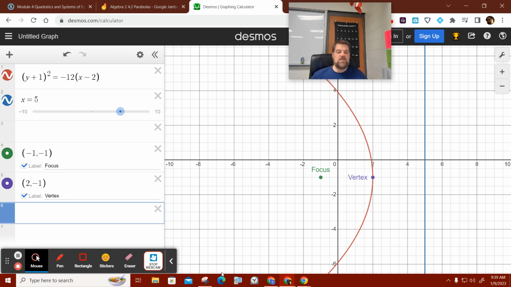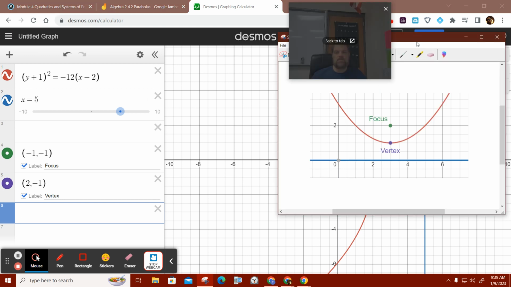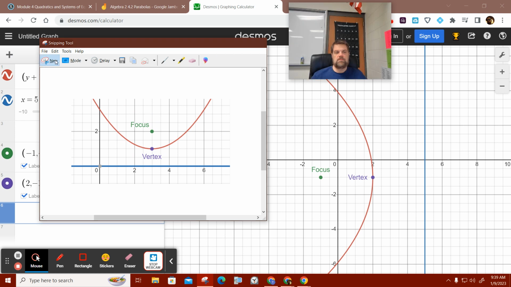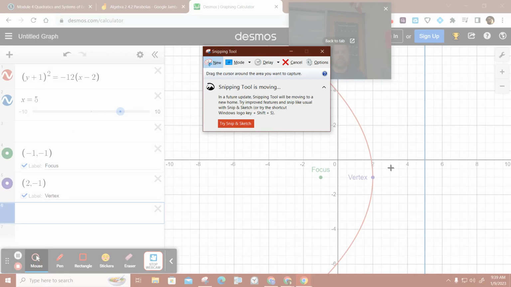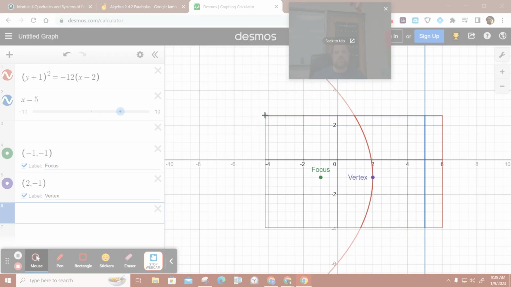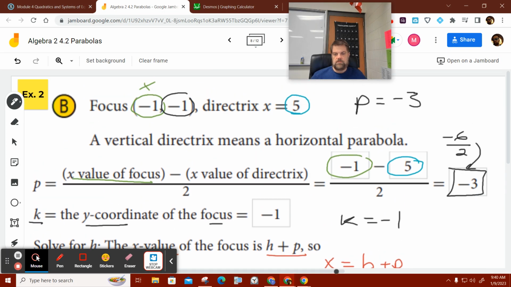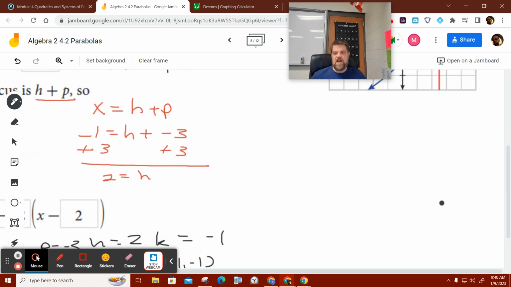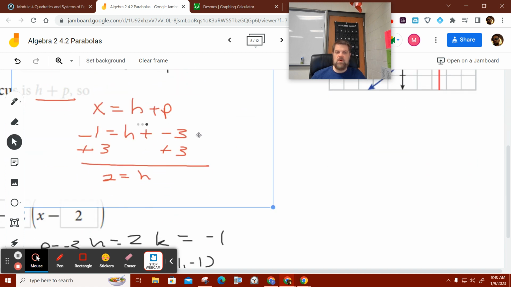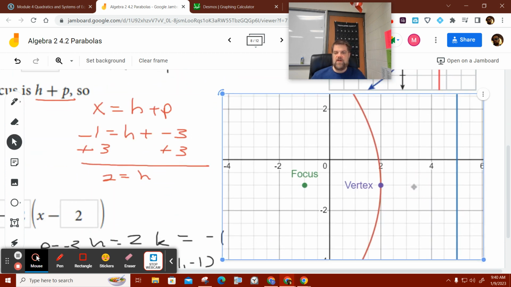So anyways, let's take a screenshot of that. So here's the graph that's in the textbook, and based on what we just did, here's the graph in Desmos.